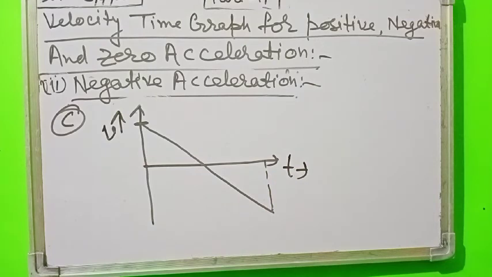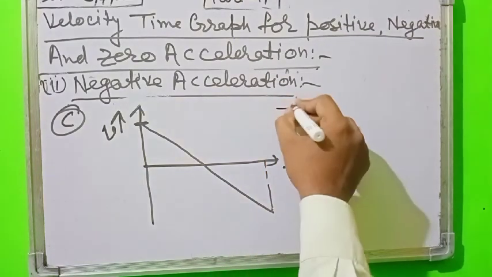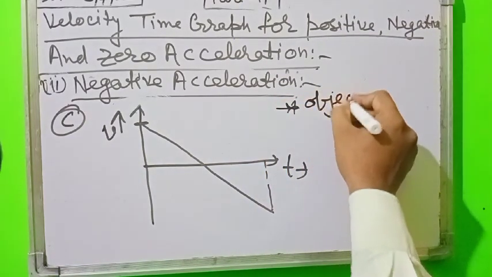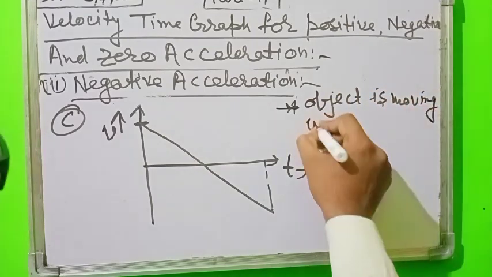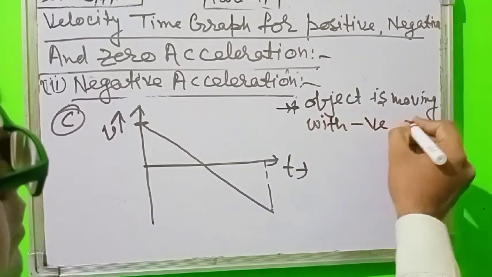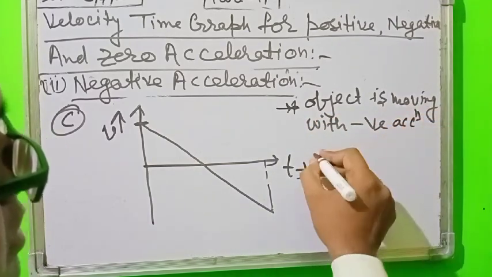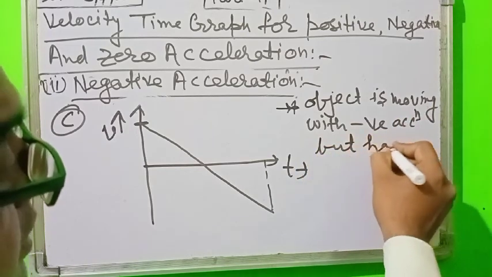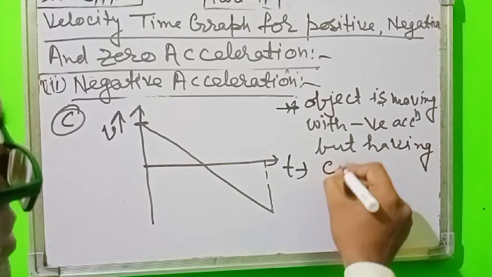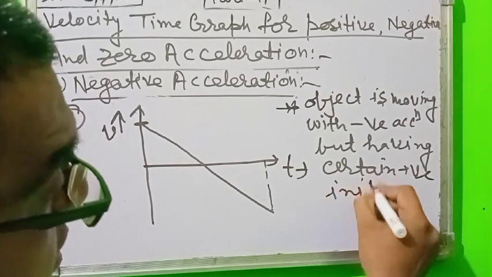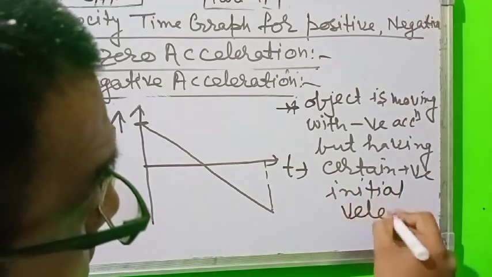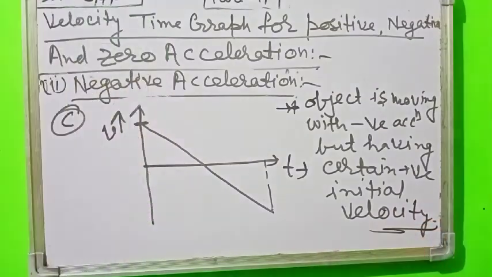The object is moving with negative acceleration but having a certain positive initial velocity. This is the graph for that.